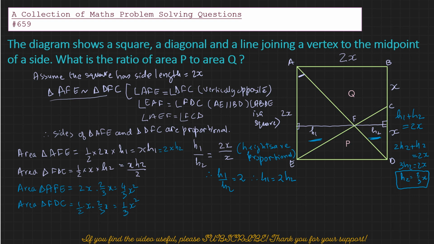So we got the two areas in terms of the sides of the square, which is quite useful, because now we're going to work out the area of P and the area of Q.